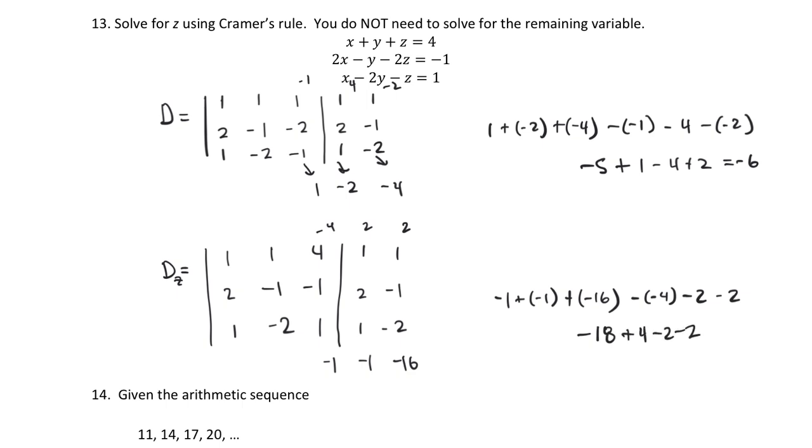So -18 plus 4, -14. -14 minus 2 is -16. -16 minus 2 is -18. So finally, z is equal to d sub z divided by d, which is -18 divided by -6, which is 3.